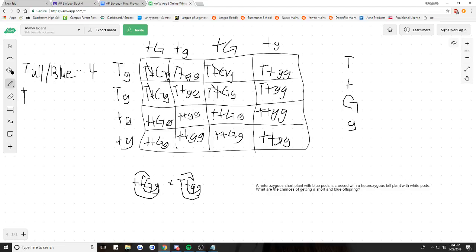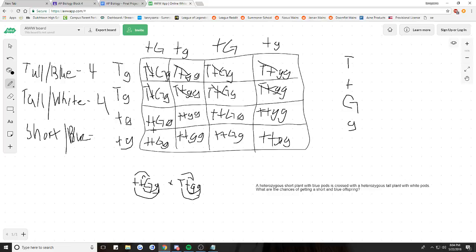You move on to the tall and white ones with the recessive color. So tall and white. And simply we would count it up again. So here is 1, here is 2, here is 3, here is 4. So there be 4. And then move on to the short and the dominant color, which is blue.